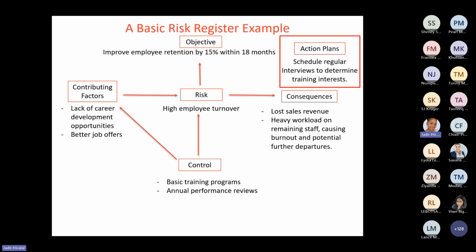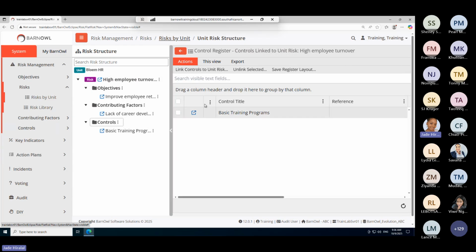In our example, the next item that we can link as well is our consequence. Okay, my example over here shows I will make use of heavy workload on remaining staff as a consequence. That I will select from here, and I can then link that to my risk.